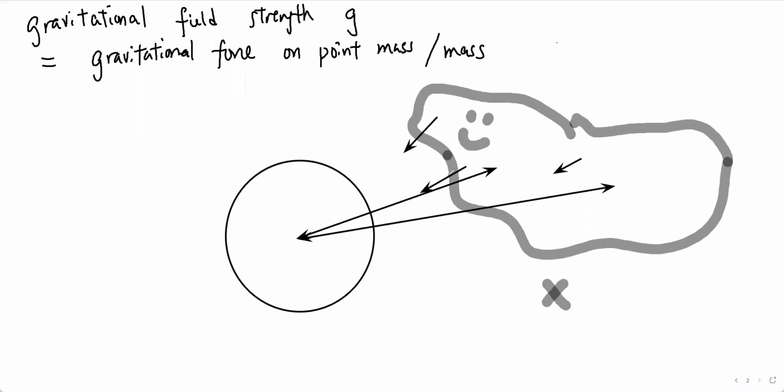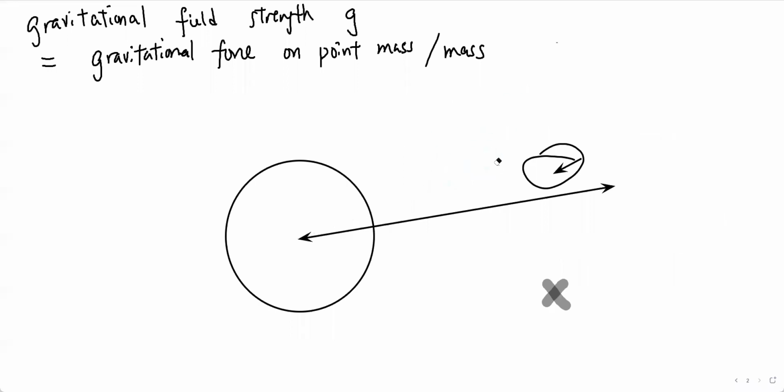Otherwise, how can you find it? Whether you are taking this point or this point or this point, at which point of gravitational field strength do you mean? It's difficult. So that's why we use a point mass. Divide by the mass. So that's one question in the past paper asking you something like this. So let's take a look.